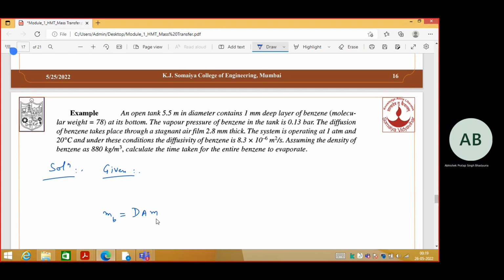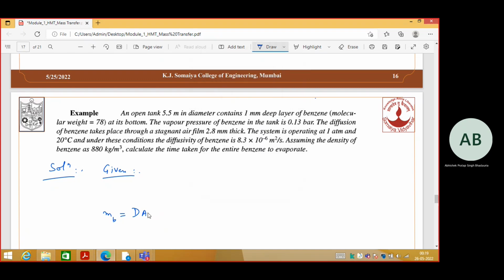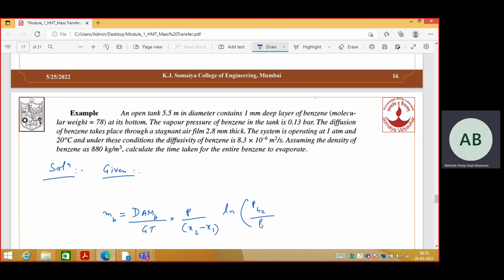dAm, this capital M, dAmB divided by GT into P divided by x2 minus x1 into natural log of PB2 divided by PB1.